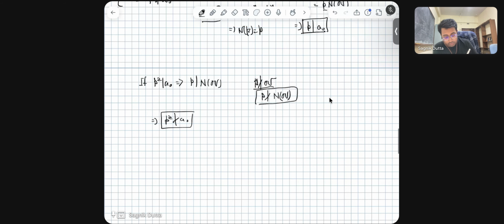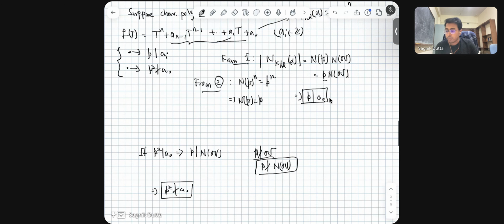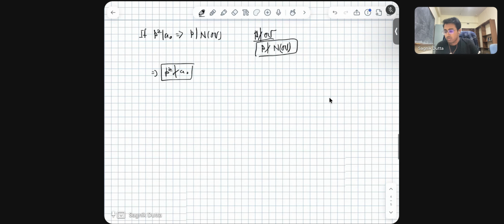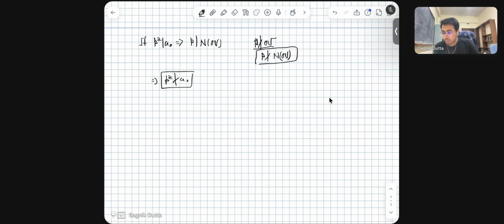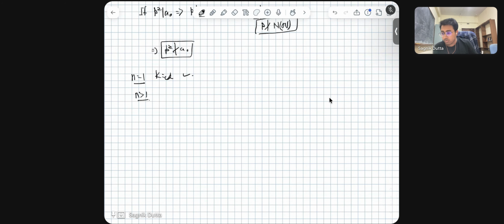Now the other one: we just have to show that all of them, starting from a_1 to a_{n-1}, are divisible by p. So what we do is some kind of induction step. If n is 1, there is nothing to prove, because K is just Q and done. So let's start with n at least 2.